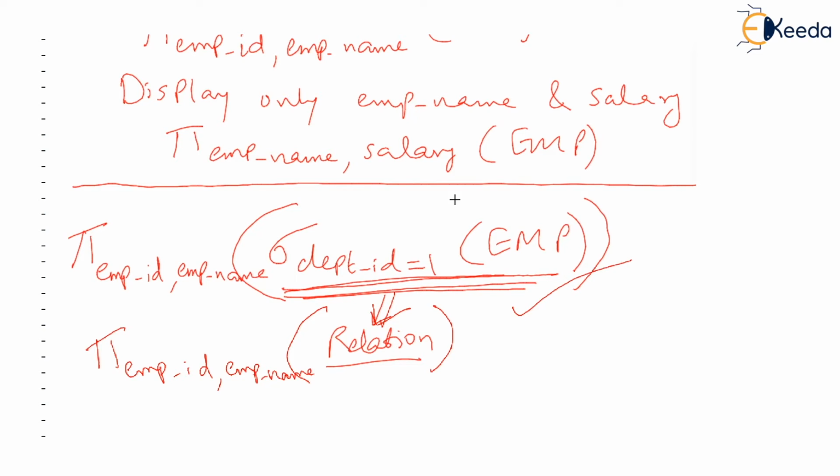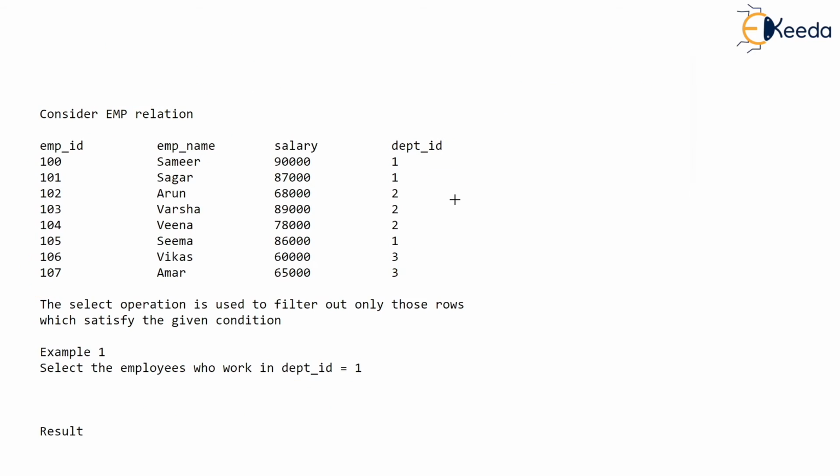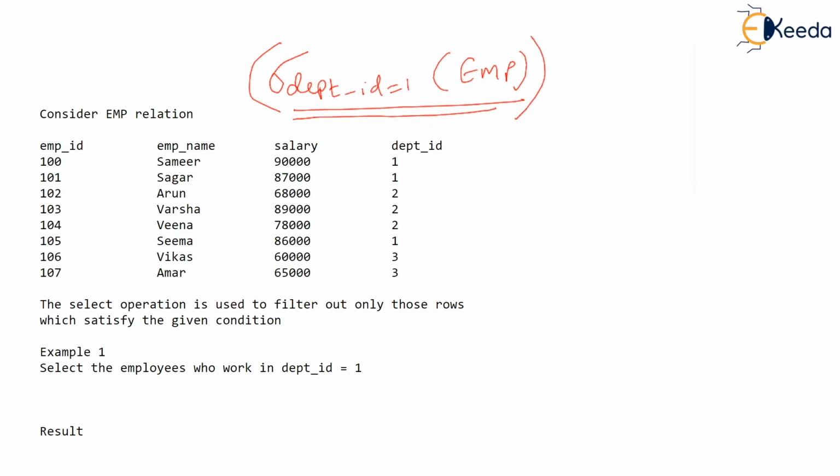So if you run this particular relational algebra expression on our table here, just check it. I'll clean the slate now. I will rewrite the expression over here. The expression was select department ID equal to 1 from EMP relation. But after doing that, whatever temporary relation you get, project only EMP ID and EMP name.